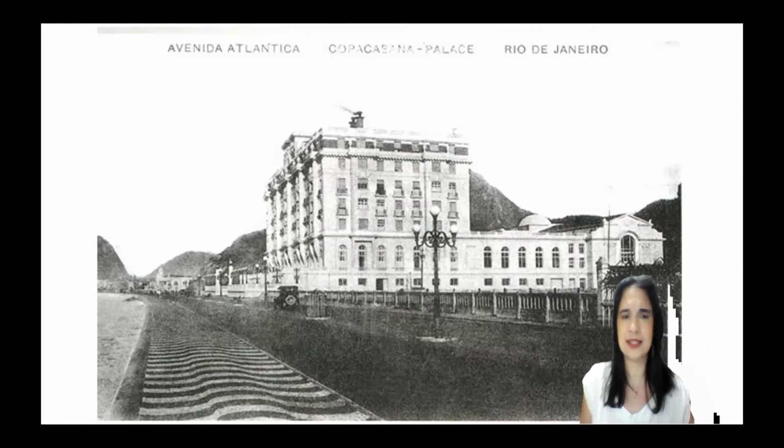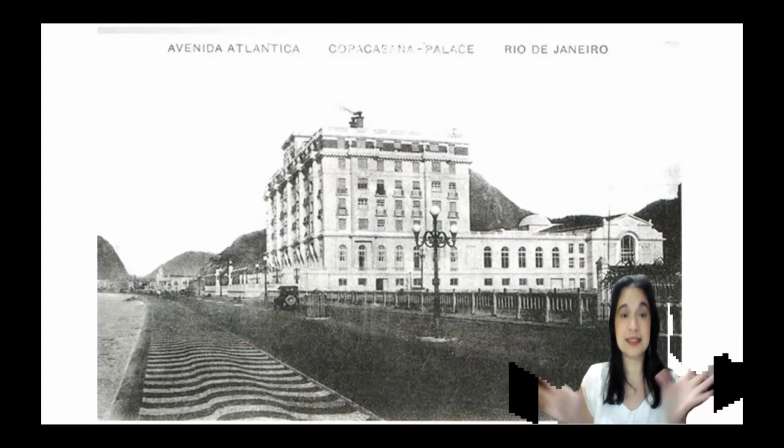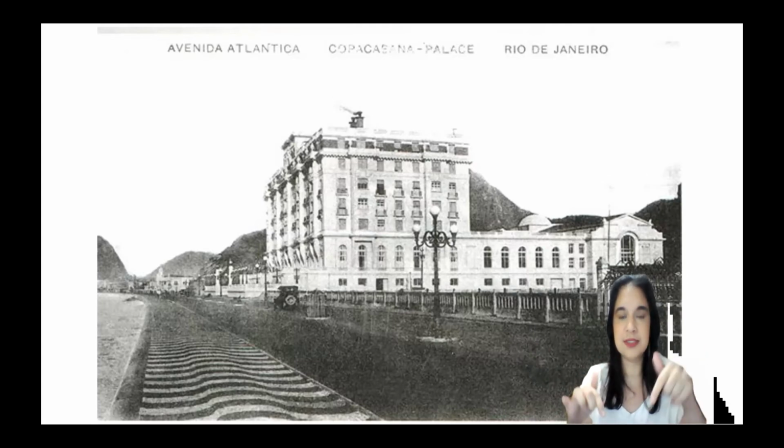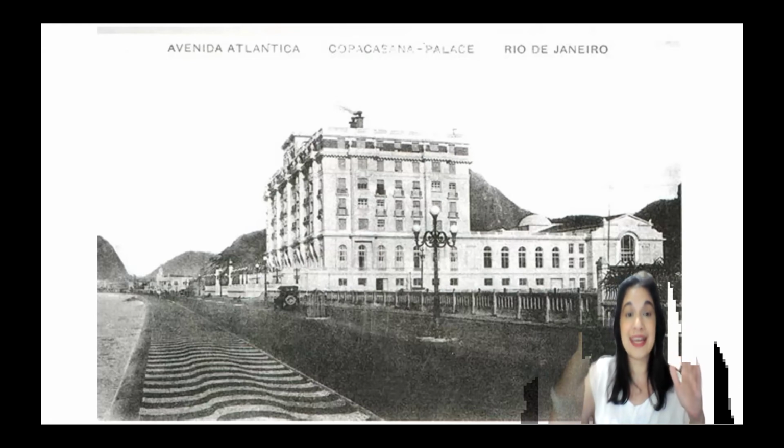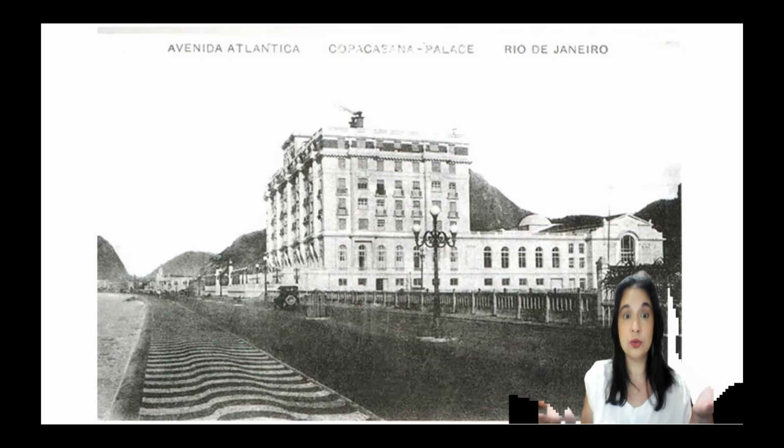No one was interested in living in Copacabana, simply because, well, naturally, it's very isolated. It's surrounded by mountains. So it was very hard to get there in the first place. And it wasn't until 1902 that the very first trolley came to Copacabana with the urbanization of Pereira Passos.